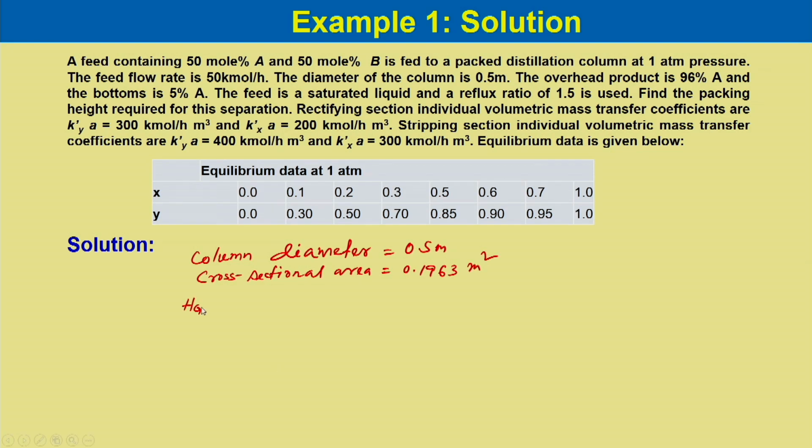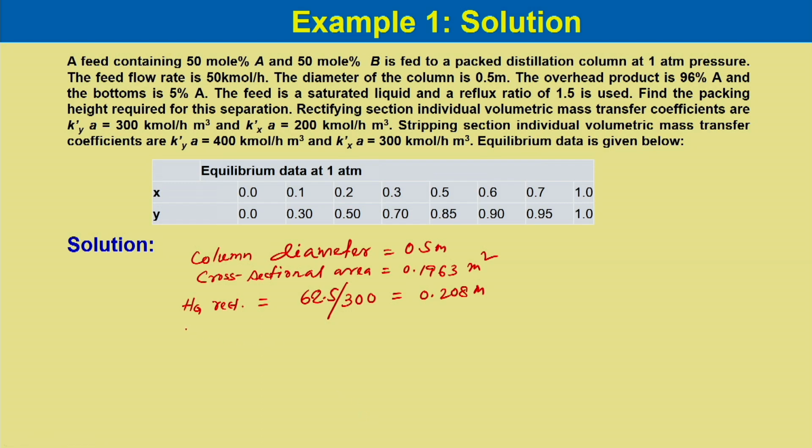Now, HG in the rectifying section is equal to 62.5 divided by 300, which is about 0.208 meter.